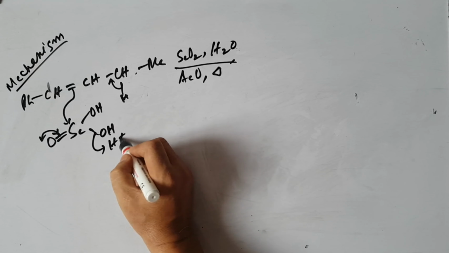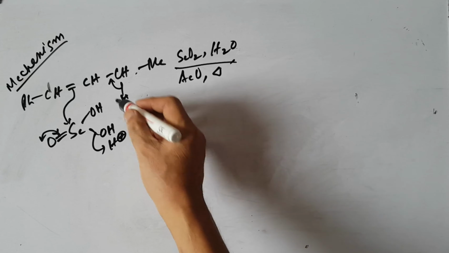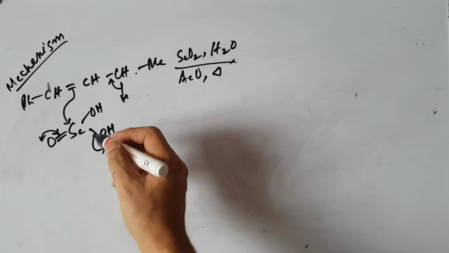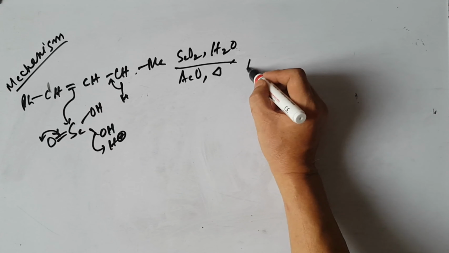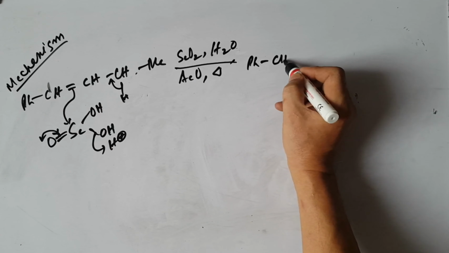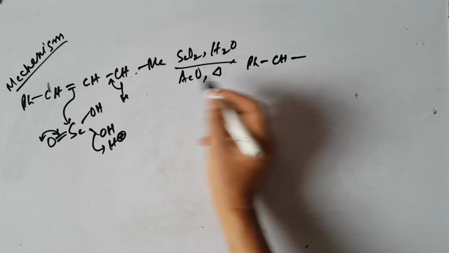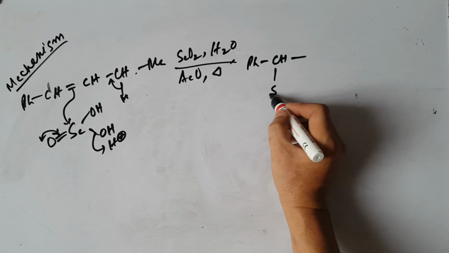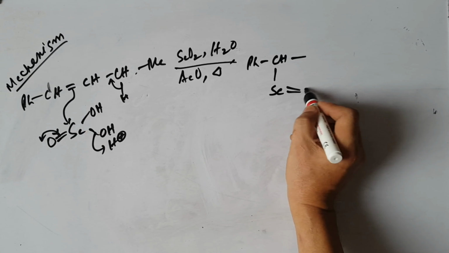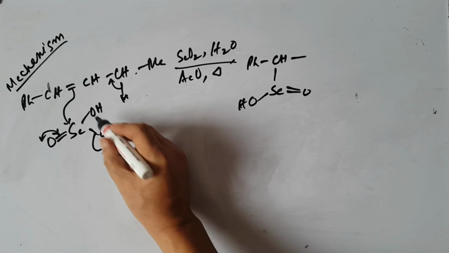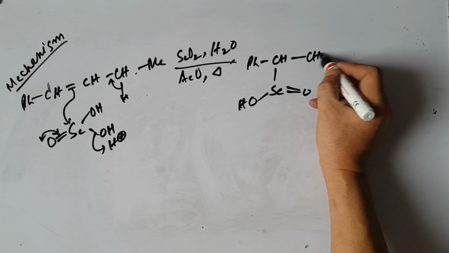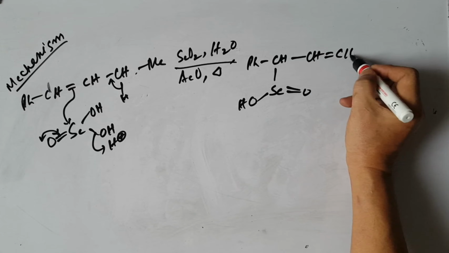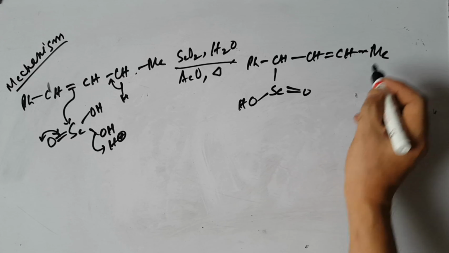The proton is transferred here. So with loss of water, we got as an intermediate this phenyl, CH, with the selenium here. So we got this OH here, this OH here, this double bond over here, and this becomes CH, double bond CH, and a methyl group here. So we got this one like this.